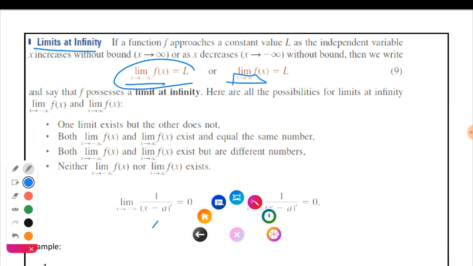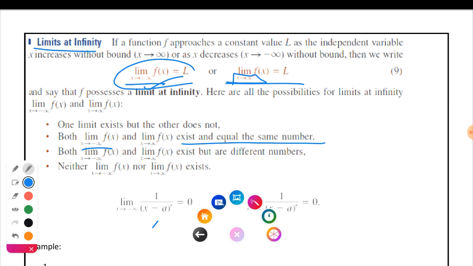Infinity. I have to tell you, maybe I find the limit of f of x when x approaches negative infinity, but I don't find the limit of f of x when x approaches infinity. This means maybe I find one of them and the other not. Both limits may exist and equal the same number.